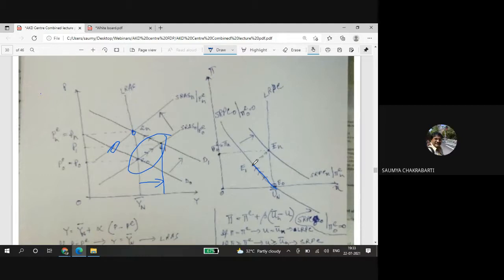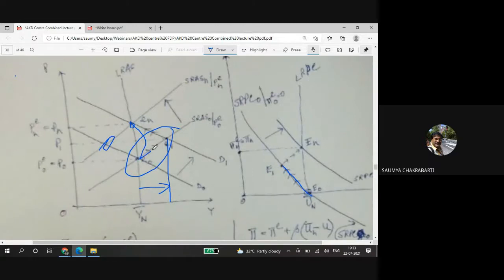Yes, because it's simple. Weak form means you are not considering everything, and that is more realistic. So actually it will be something like this. E naught to En is theoretical. The movement will be like this. Under monetarism, this will be the movement, and the partial one will be this.